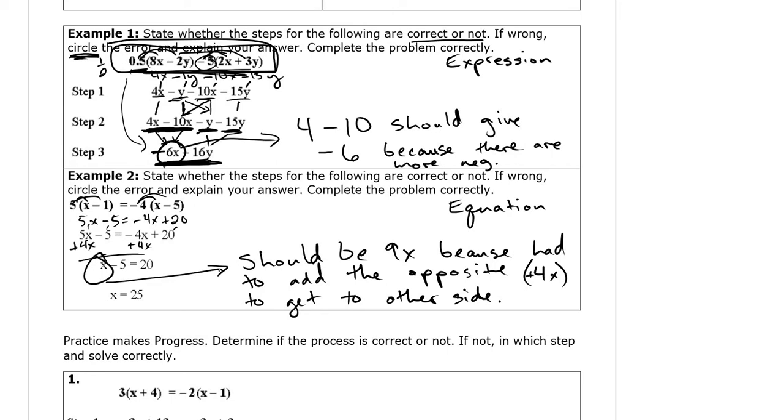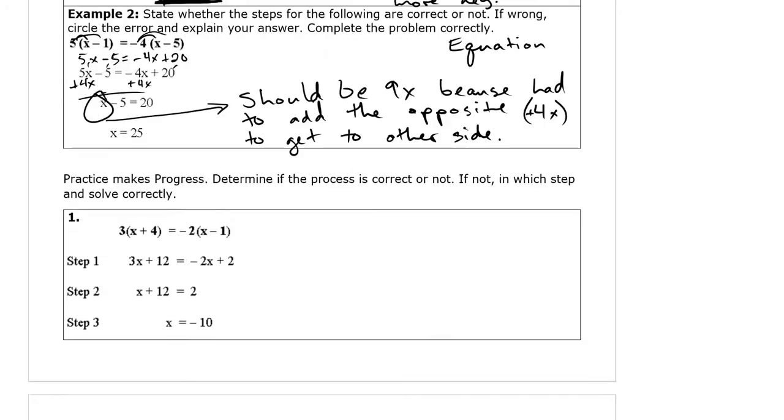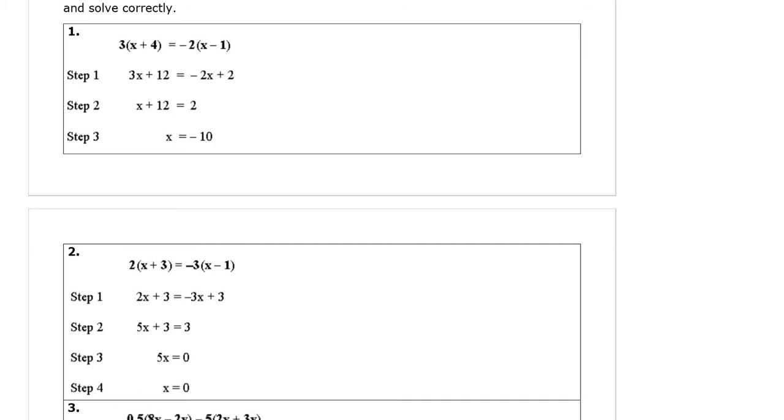Alright, at this point we've now done 2 examples. The rest of this sheet continues the same process. You're going to do the math, distribute, and identify the errors. If you prefer looking step by step and finding their problems, you can do that.